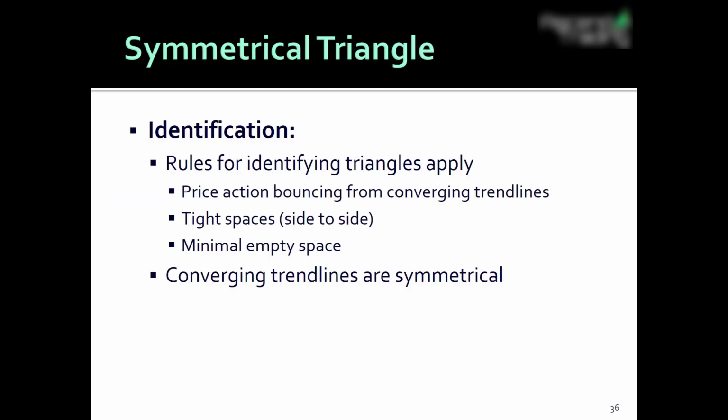For a symmetrical triangle, they follow the same rules as well. You're going to see converging trend lines, nearly 180 degrees, with the price action filling most of the space.